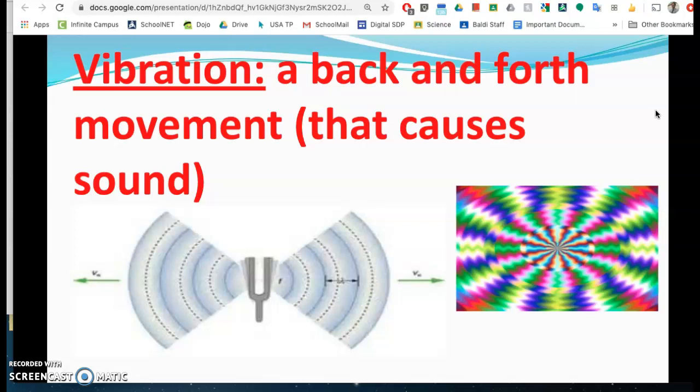If I were to knock on my desk right now, I'm creating a back and forth motion in the wood that causes a back and forth motion in the air touching the wood that carries up into the microphone that I'm speaking into right now and causes that to vibrate.